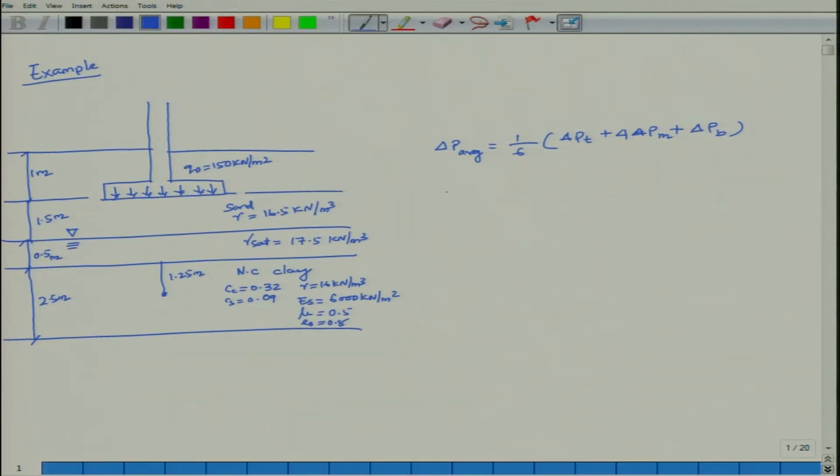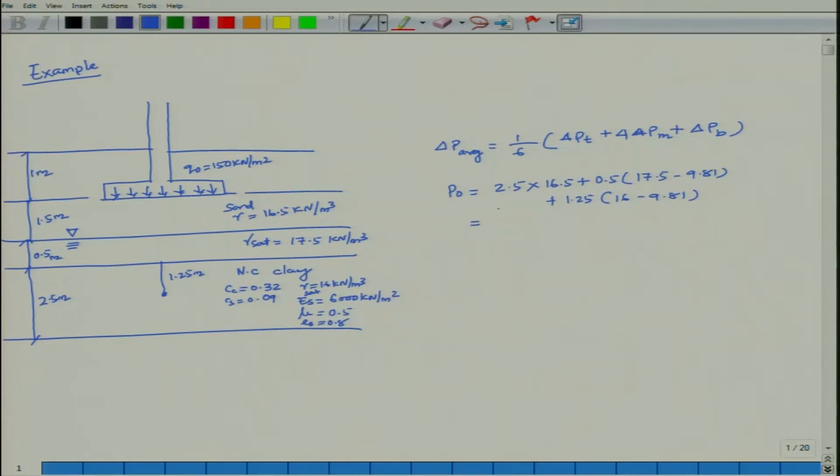So your P0 is equal to 1.5 into gamma 16.5 plus 0.5 into 17.5 minus 9.81 plus 1.25 into your gamma saturated 16 minus 9.81.